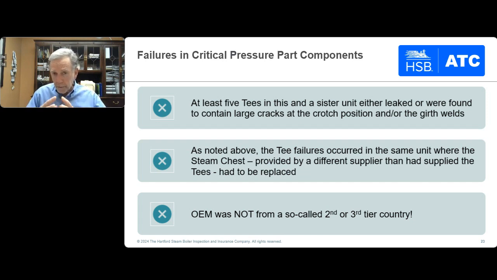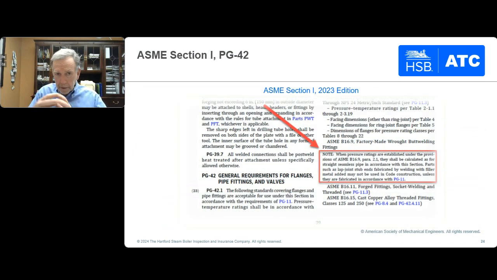These were the product of an OEM that would be considered one of the premier OEMs in the world. So again, highlighting the potential issues associated with quality. But with that, I'll turn it back over to Jay.